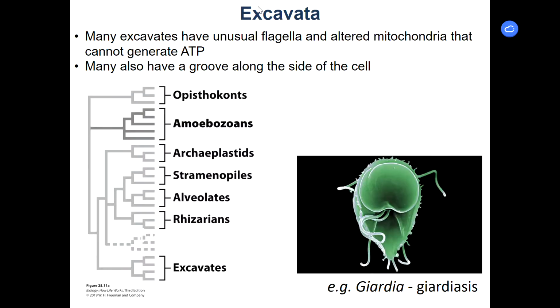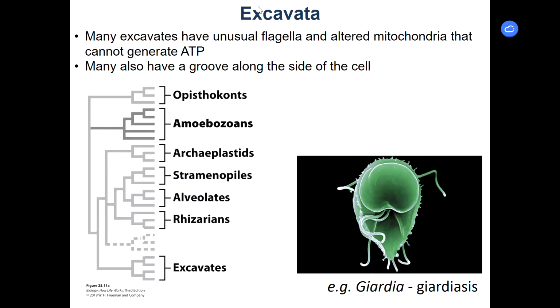And last but not least is excavata. Excavatas are kind of weird. Many excavatas have unusual flagella. You can see here this organism, Giardia, which causes giardiasis, has many flagella sticking off of it, and they have altered mitochondria that cannot generate ATP.